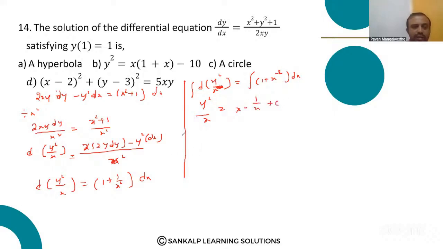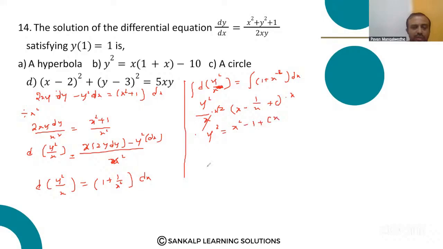So multiply throughout by x. The x and x get cancelled, so y square equals x square minus 1 plus c into x.